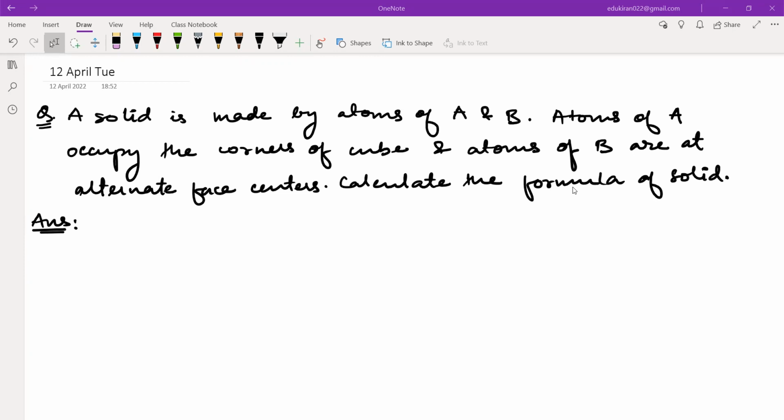I'm going to ask you a few questions. Keep your notebook close and tell me what is the packing efficiency of body-centered cubic? 68%. Okay.